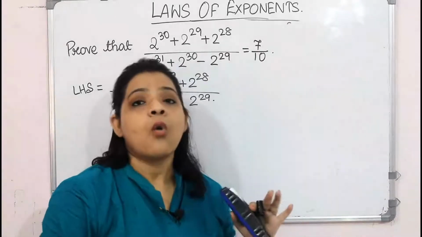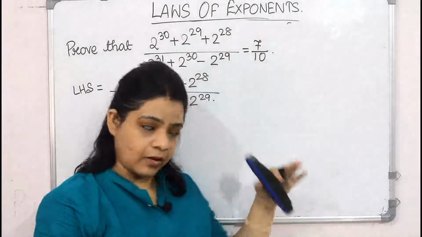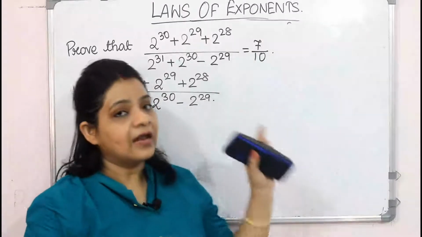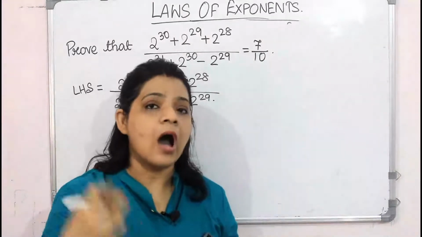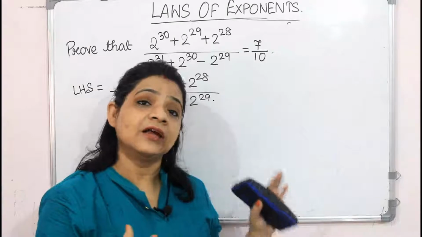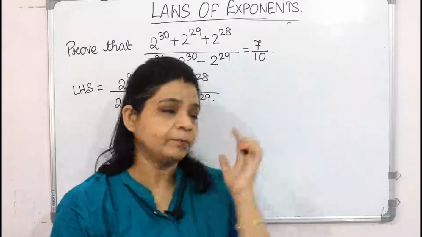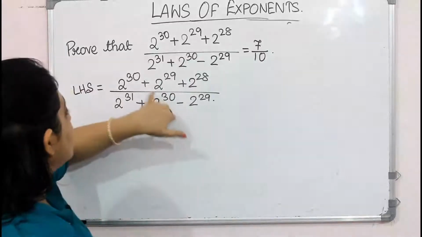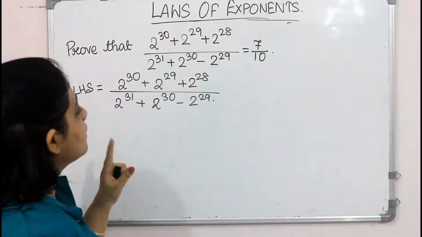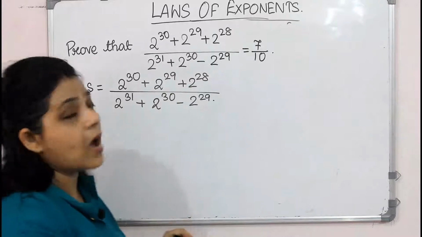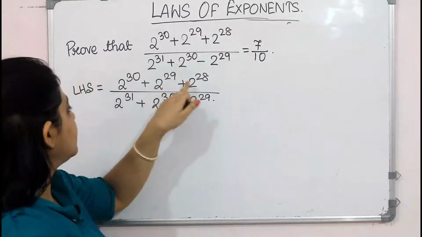Okay, so over here, first let me show you how it is done. After that, I will tell you what is the reason behind I have chosen this. Okay, so first of all, in this numerator, which has the lowest power over here? 30, 29, 28.